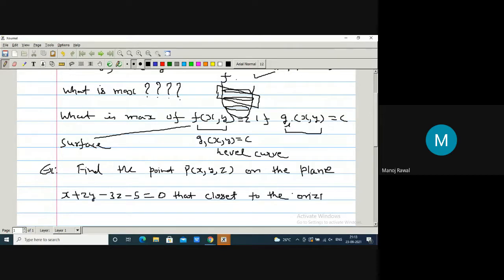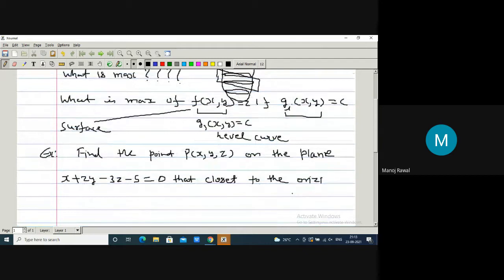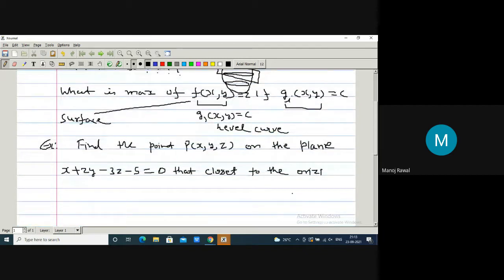Okay, so this is the question. Find the point that is closest to the origin. Though we have one formula also, you must have done it in your 12th standard. But let's do it by direct substitution.